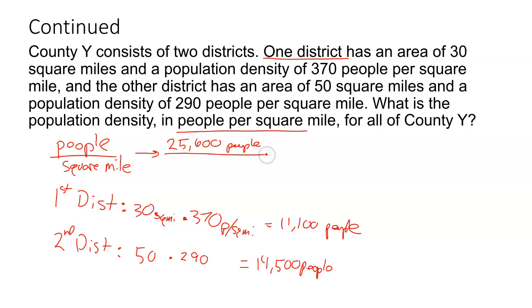Alright? So I've got my total number of people. What else did I need? Total square miles. Okay. How many square miles do I have total? 30 in District 1. There's 50 in District 2. Oh. Add them together. There's 80 square miles.